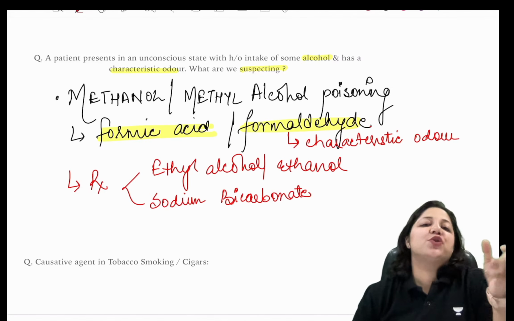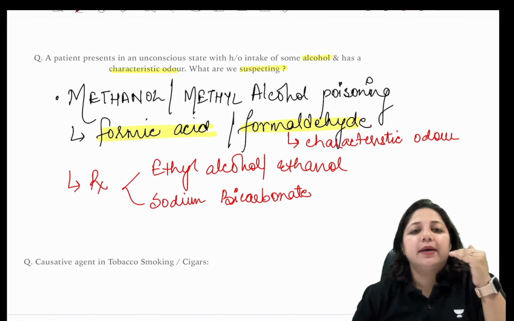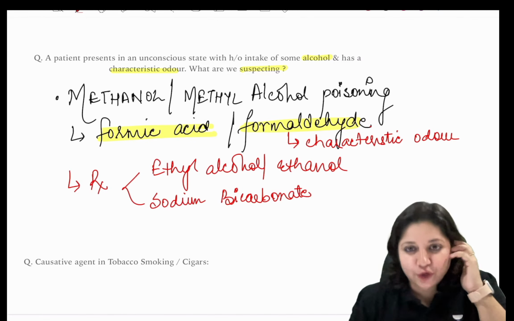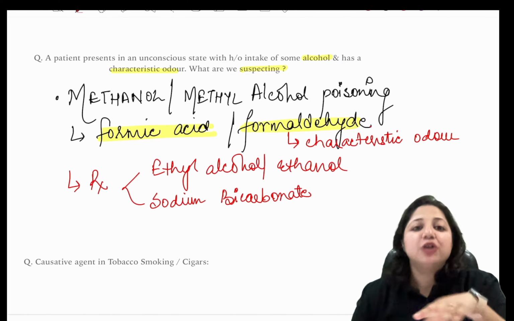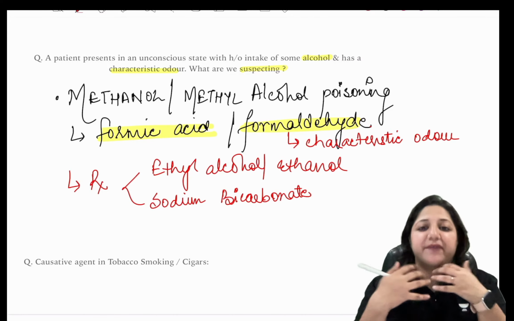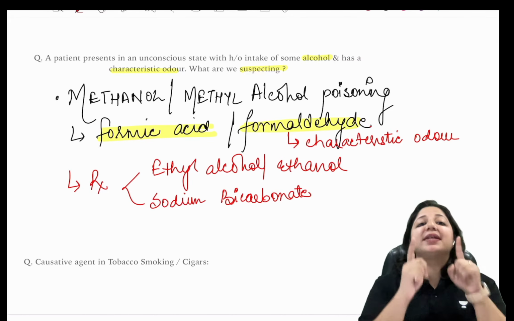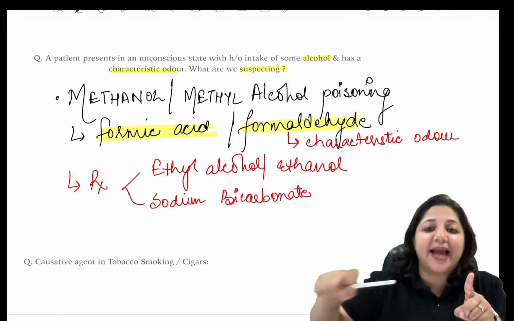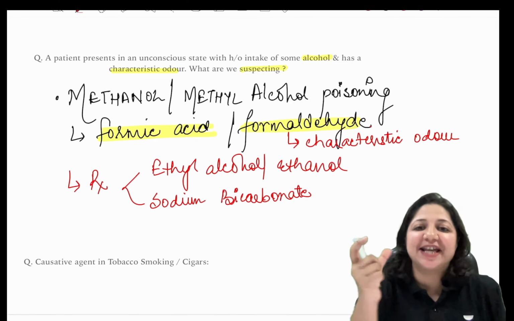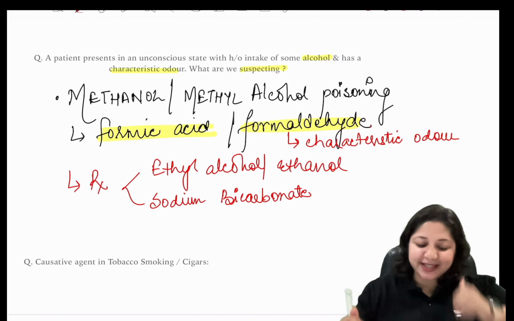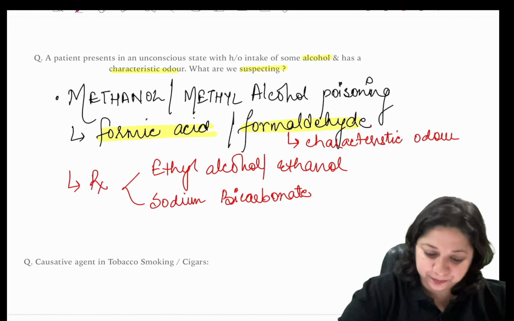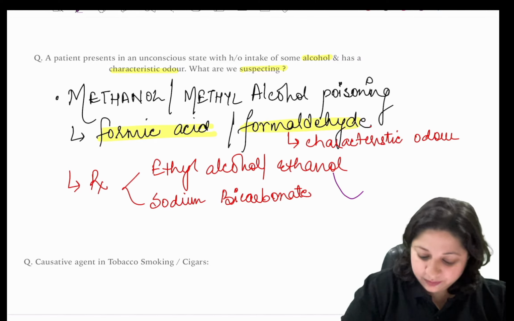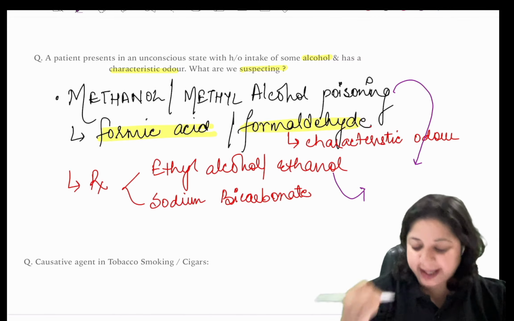Now I come down to the question which I said, that methanol is converted to formic acid or formaldehyde with the help of an enzyme. So why are we giving ethanol? Why are we giving ethyl alcohol? Because ethyl alcohol competes with methyl alcohol for that enzyme. Tell me the name of the enzyme. So what is the enzyme that is responsible? This and this fight for which enzyme?